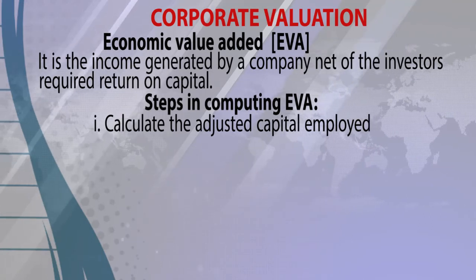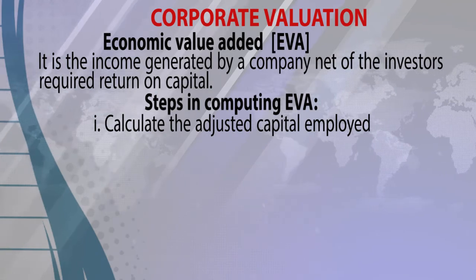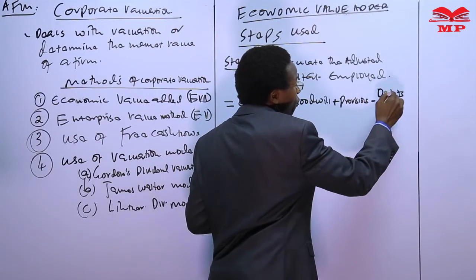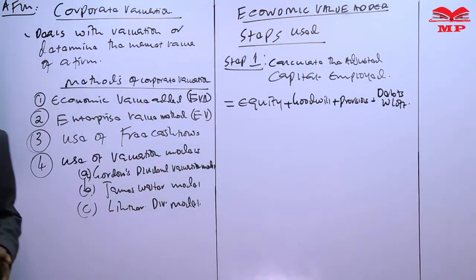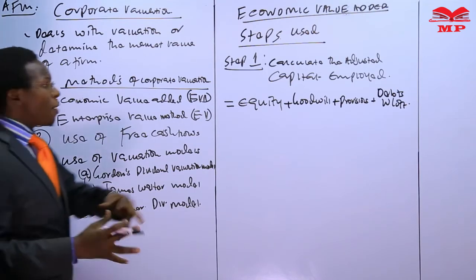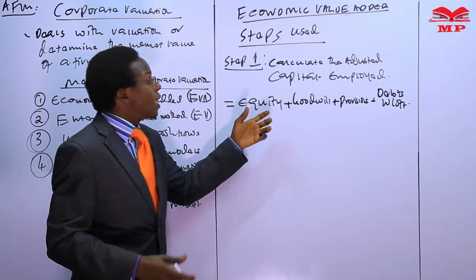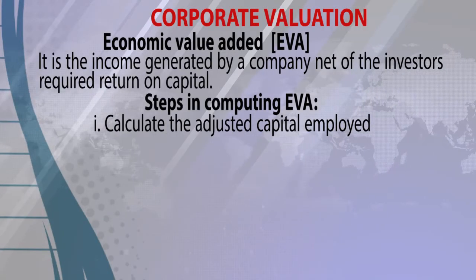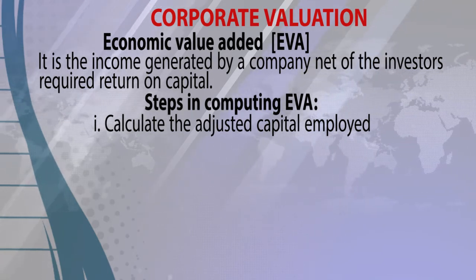Then we also add the debts written off in the statement of financial position. That is how we determine the adjusted capital employed. Remember, friends, when you talk of equity, it's simply the ordinary shares and reserves. That's the equity capital employed. So first, get the adjusted capital employed.